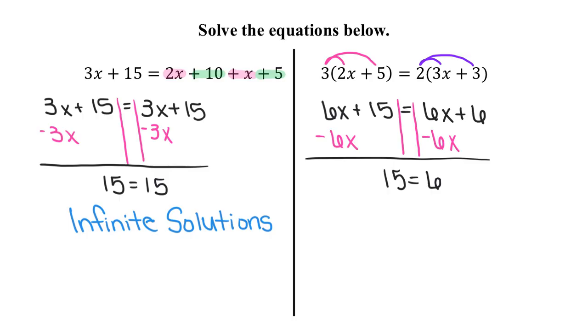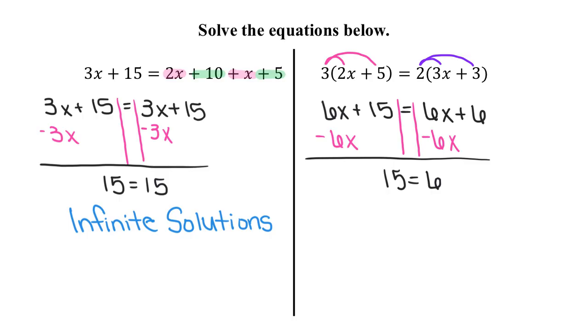Every one of us could pick a different value, plug it in for x, and the left would equal the right. Yep. So if you put 80 in for x, you will get 255 on the left and 255 on the right. It'll work that way.